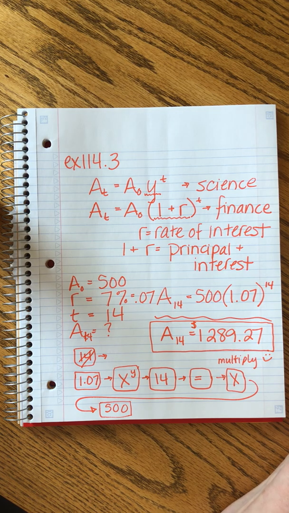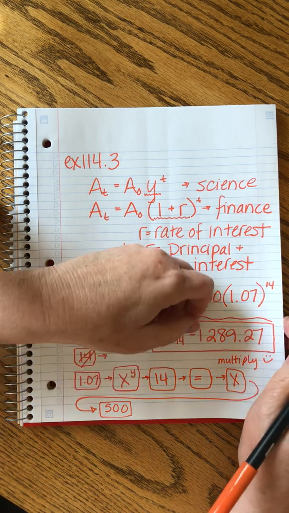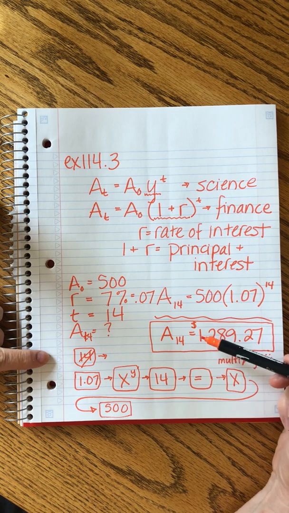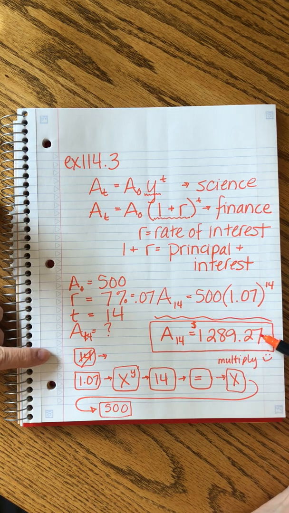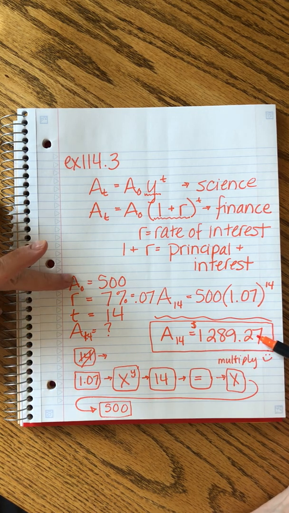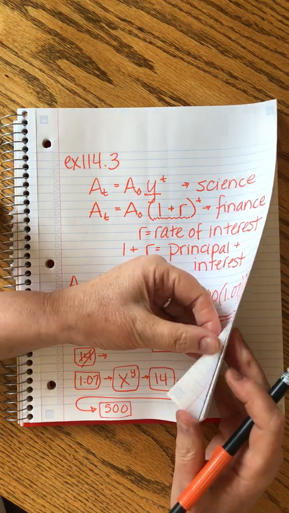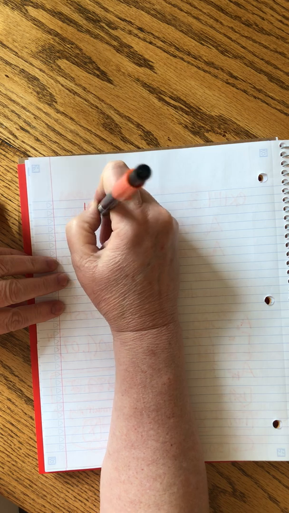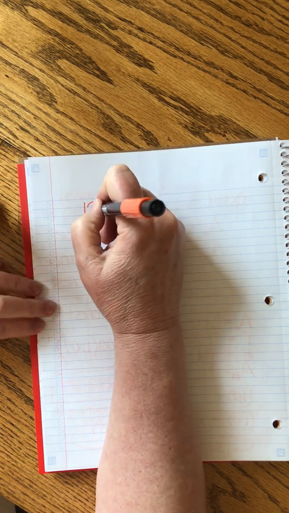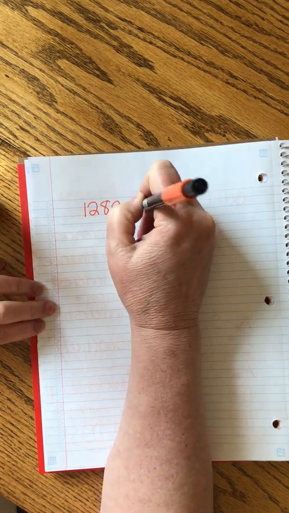Now, John asks us one more question. He says, how much interest did he earn? At first, that seems really confusing. But if you remember that this is how much he had after 14 years, and this is how much he put in at the beginning, then the interest becomes really easy because it was 1289.27.